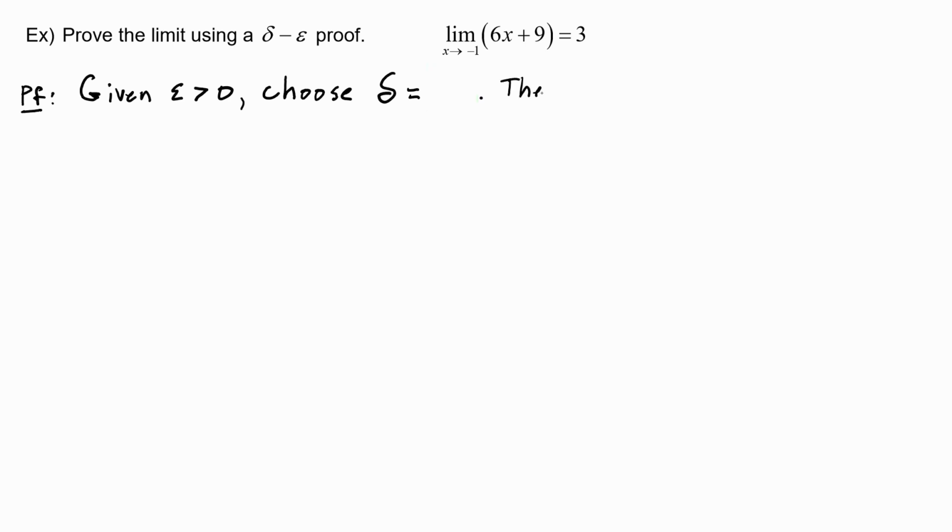Then for absolute value of x minus c, which is -1, and of course that equals absolute value x plus 1, and we know that will be less than delta, we get.